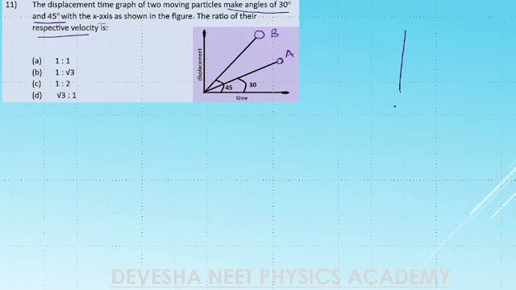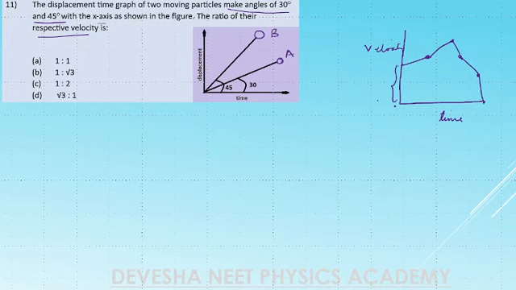Imagine that a body is moving, so this is a velocity time graph. The initial velocity was this one. Then it moves up, it moves down, it moves again further down, and eventually it comes to rest somewhere here.